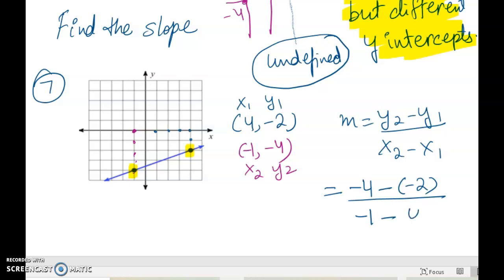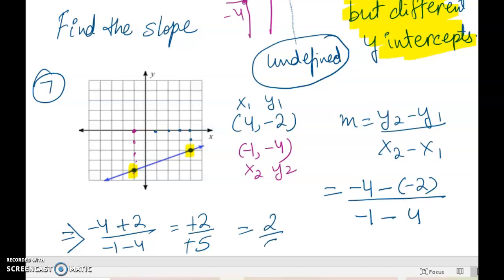X1 is 4. Okay. Now let's try to solve it. -4 minus and minus will become positive. -1 minus 4 will give me -2 over -5, and negative and negative will cancel out. My answer is 2/5. That's what we always wanted to know. I hope it makes sense.